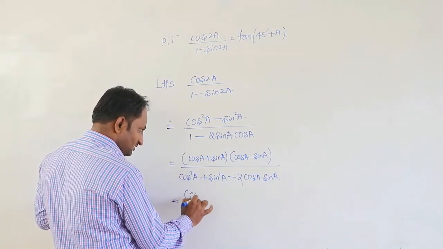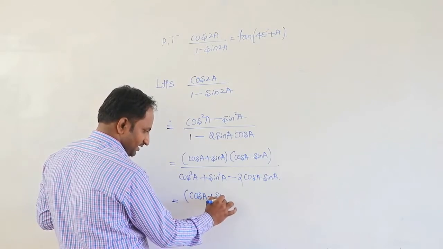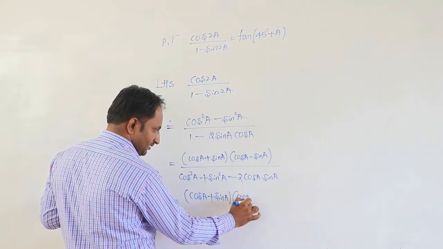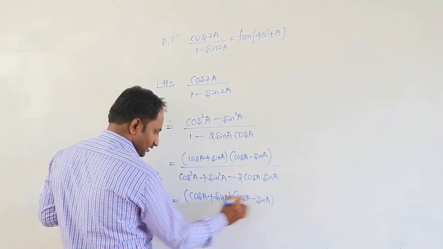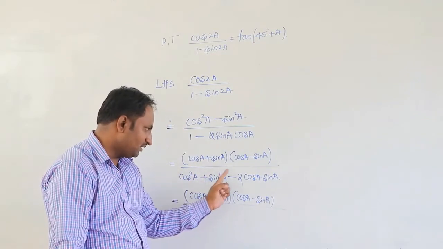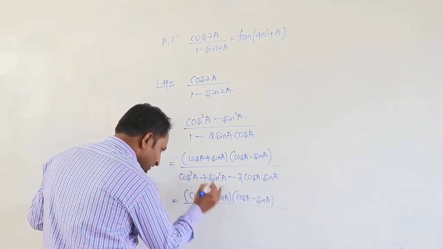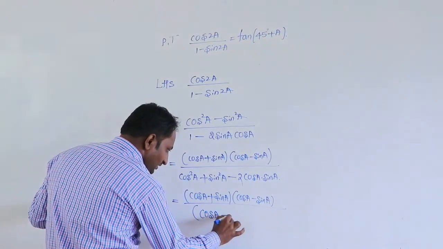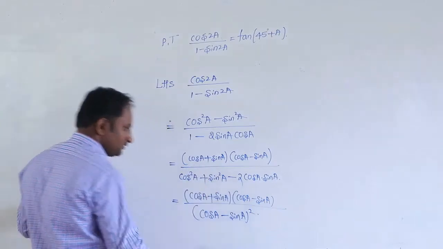First bracket cos A plus sin A into cos A minus sin A, whole divided by a square plus b square minus 2ab. This can be written as (cos A minus sin A) whole square.